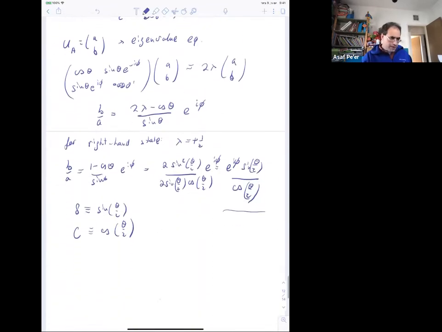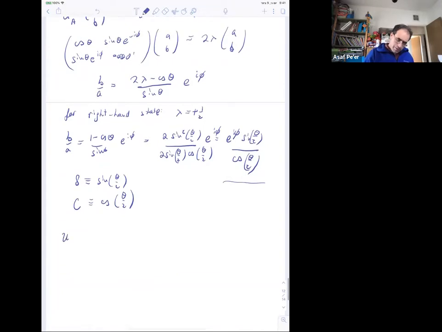So I can write down that u spin up is C, e to the i phi S, and then the same multiplied by p over (E plus m): p over (E plus m) C, and p over (E plus m) S e to the i phi.